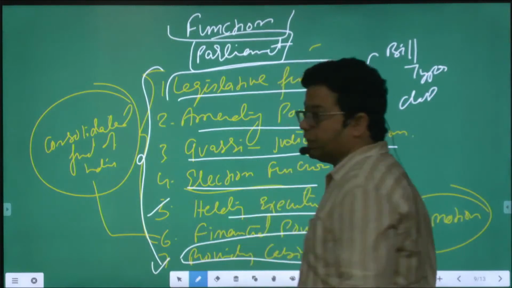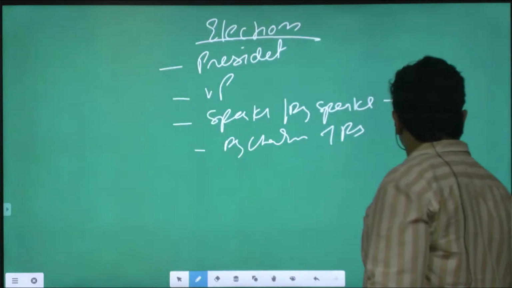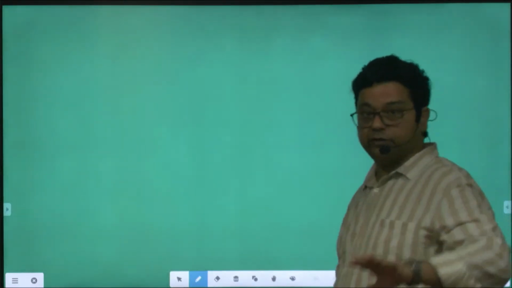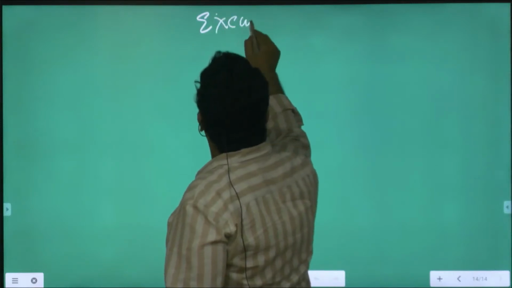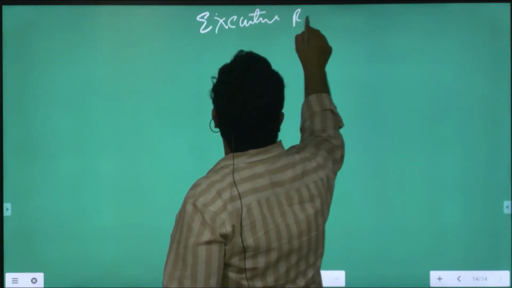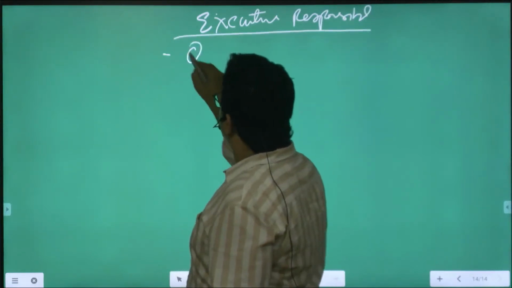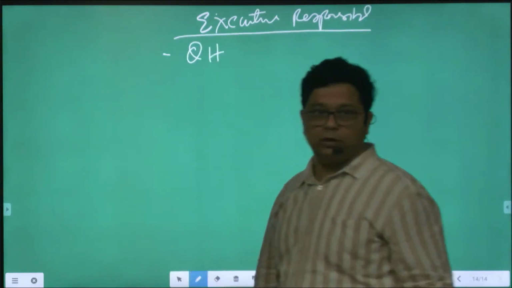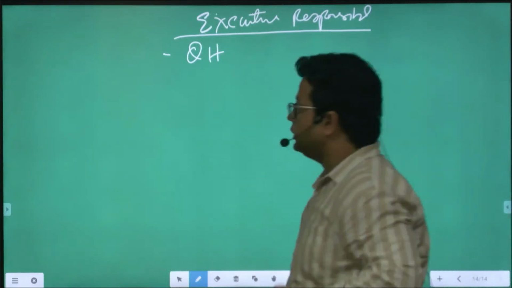Now, next, how the executives are held responsible. This question has been asked in mains. How are executives held responsible by the legislature? Through question hour, where Parliament asks questions from the executive. This we will discuss.